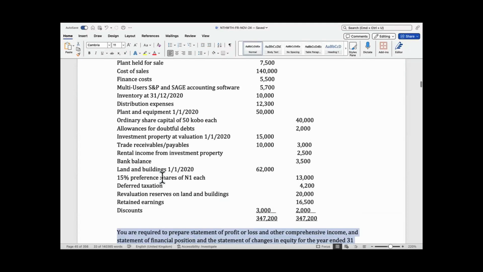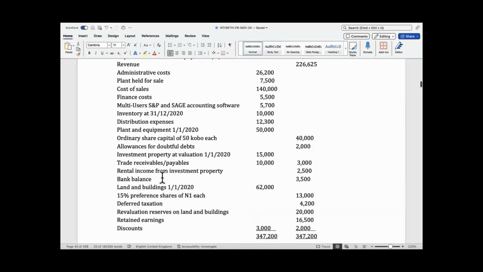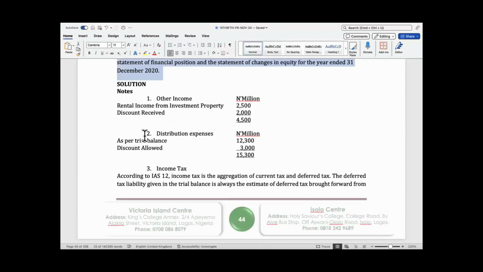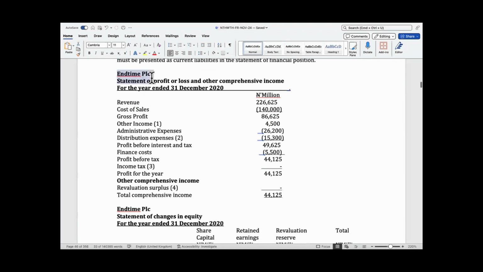So how do we prepare these statements? Of course, because I've solved it, usually you start from here. Your statements: the name of the entity, very important. The title of the statements, I put it as statement of profit or loss and other comprehensive income.